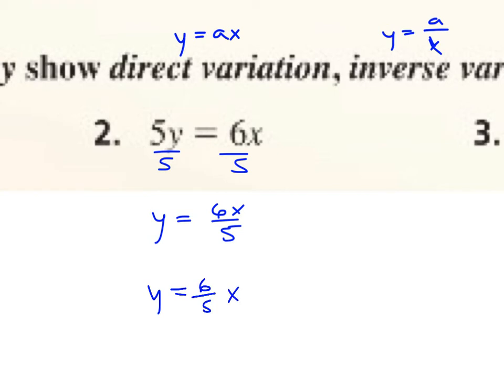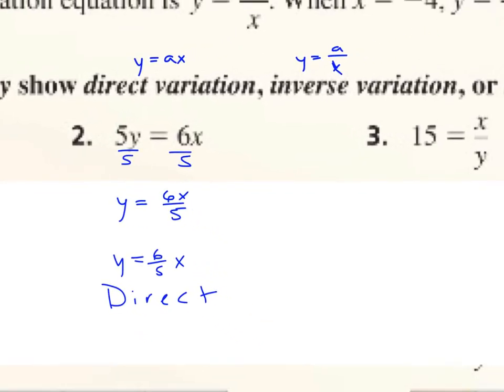So our a here is 6 over 5. This is direct. This is a common mistake because people think, oh, it's a fraction, that makes it inverse. X has to be in the bottom of the fraction in order for it to be inverse variation. But since x is on the top, it's direct. So our constant here, that a, is 6 over 5.